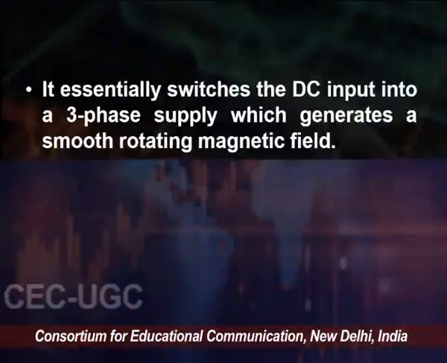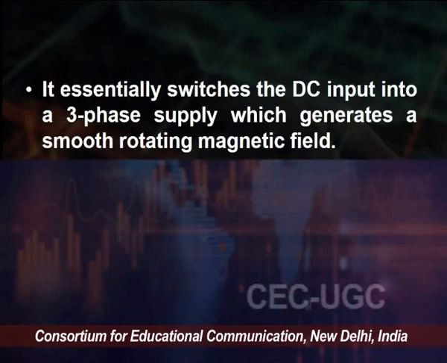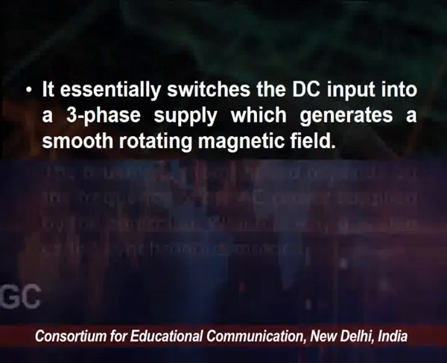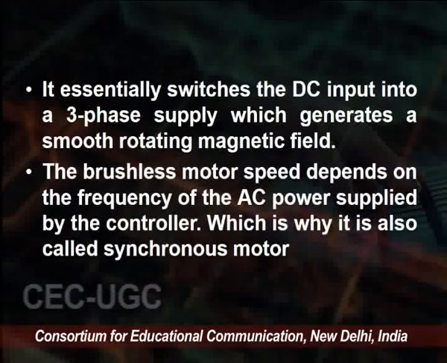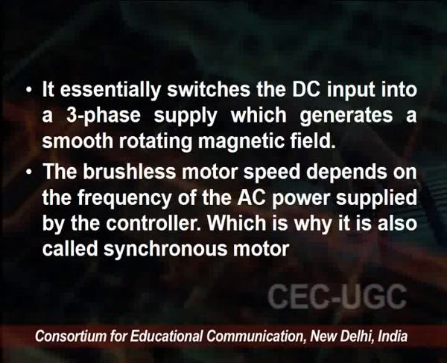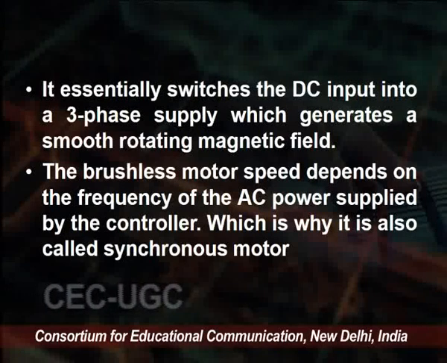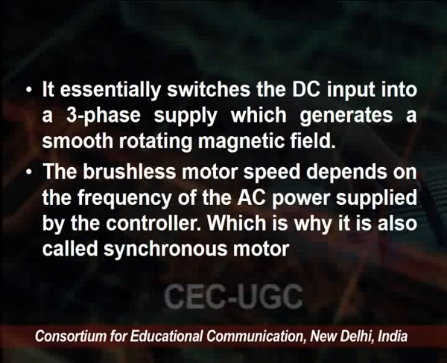So it essentially converts the DC supply into a three-phase supply, which generates a smooth rotating magnetic field. And this brushless motor's speed depends upon the frequency of the power supply which we are giving through the controller. Which is why it is also called the synchronous motor.